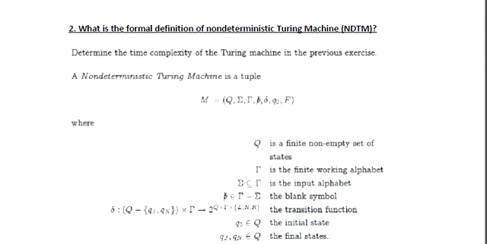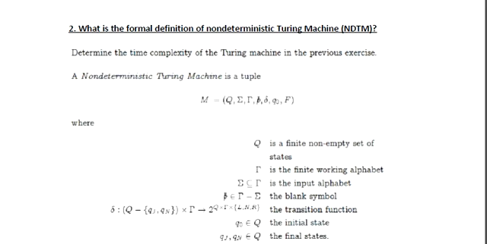Now the most important is the transition function. In the transition function, we take the set of states minus the final states, because the final states are not normal movement, and the transition function will move on gamma times, except for this final state.